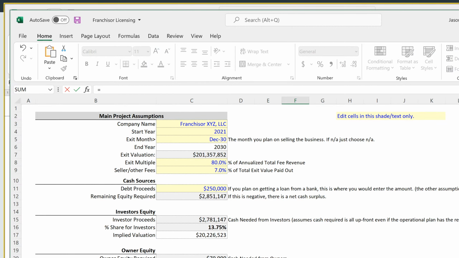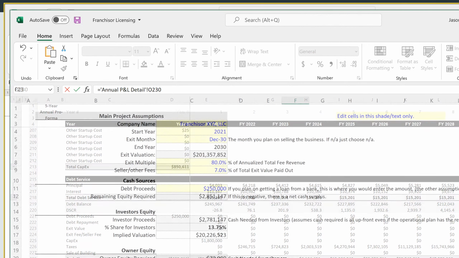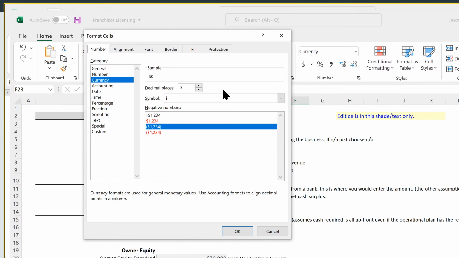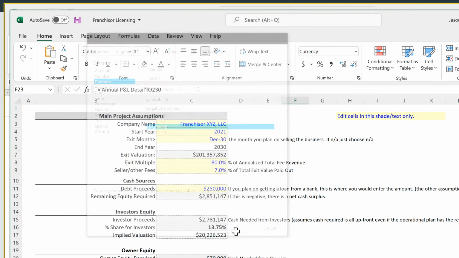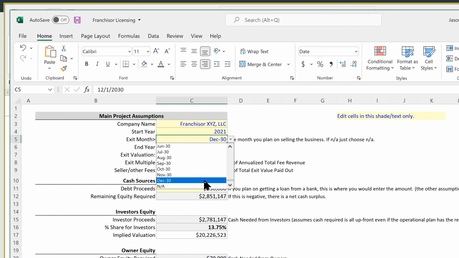This is the hardest check. If the annual P&L or cash flow detail matches the cash balance on the balance sheet, that's like the biggest check to make sure that everything is combined. All right, so let's try NA.